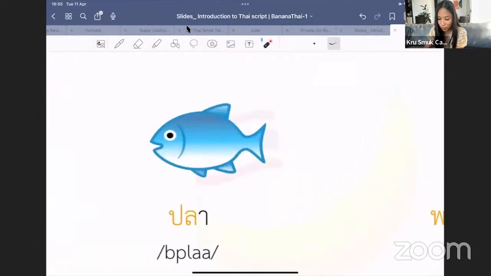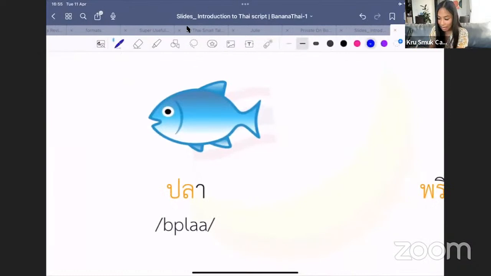For example, this word: this is ปอปลา, and this is ลอลิง. If you want to put these two together as a cluster and pronounce it as a beginning consonant sound, you say ปล, ปล. So it's not ป, it's not ล, but together ปล with the vowel ah. This word is pronounced ปลา.